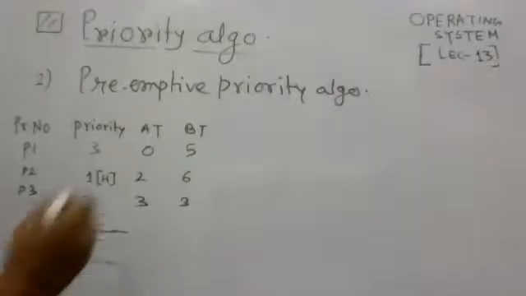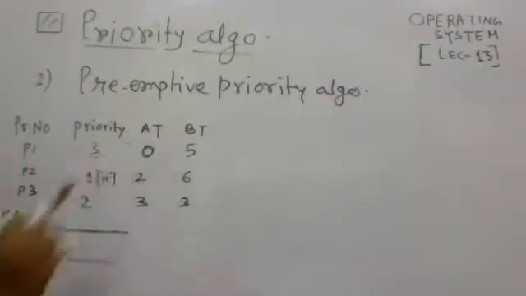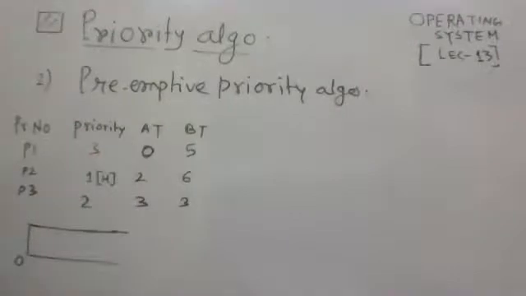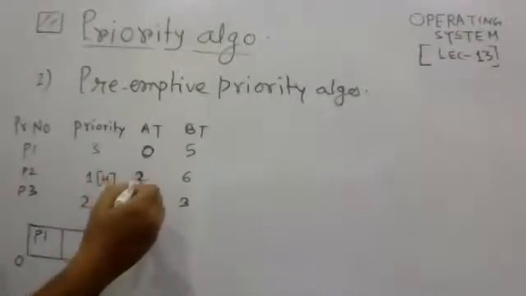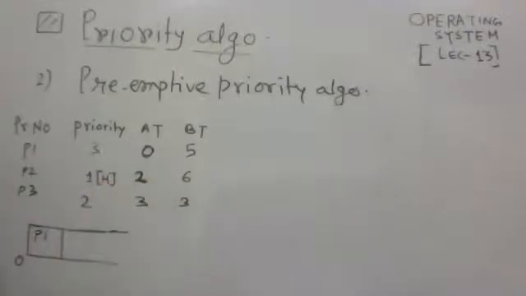Only P1 is present in the ready queue. So obviously we have to put P1 for time unit 2. Why? Because the next arrival time is 2.